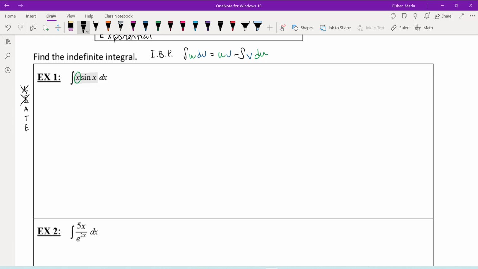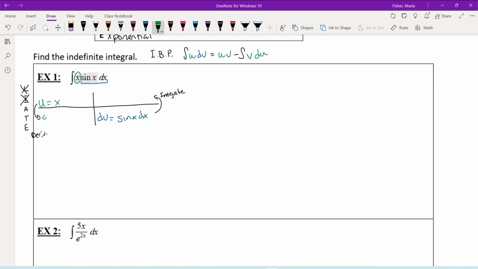Now we make a table, and in our table we identify what u is and what dv is. So our u was x, and our dv is going to be everything that's left over, in this case, the sine of x dx. And then for my table, I know that from u to get to du, I need to find the derivative, and from dv to get to v, I need to integrate.